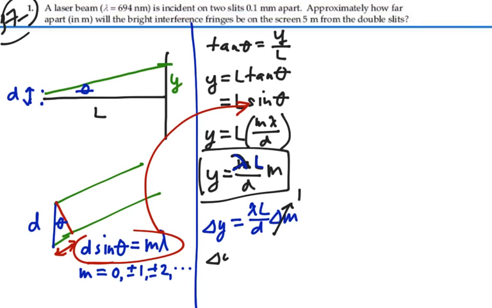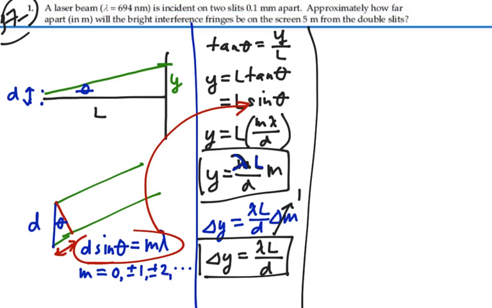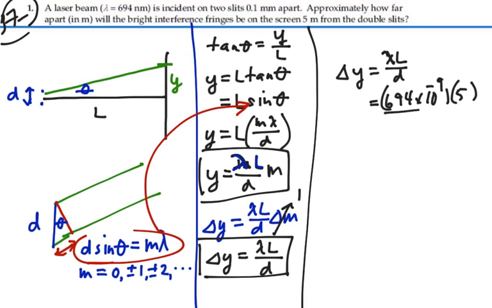So our change in y is simply going to be equal to our wavelength times the length from the screen over the slit separation distance d. Okay, so in this case, our delta y is lambda L over d, and we have 694 nanometers, 694 times 10 to the minus 9 meters, times L, which is 5 meters, over d, which is 0.1 millimeters, which would be 10 to the minus 4 meters.